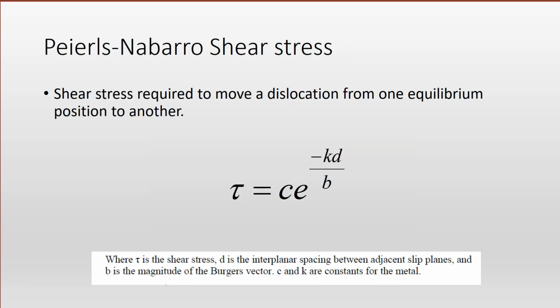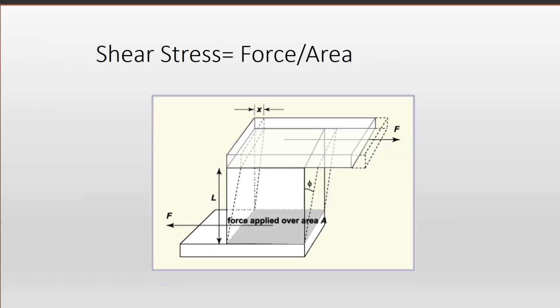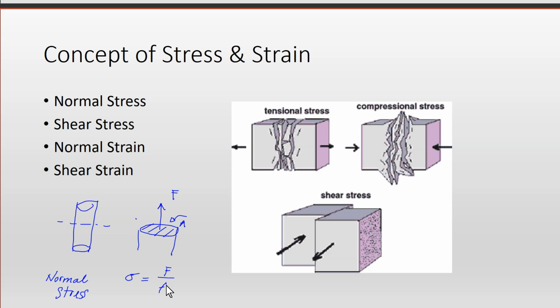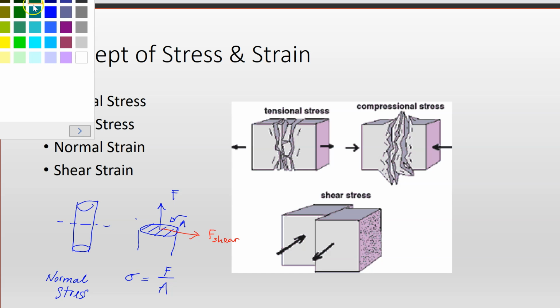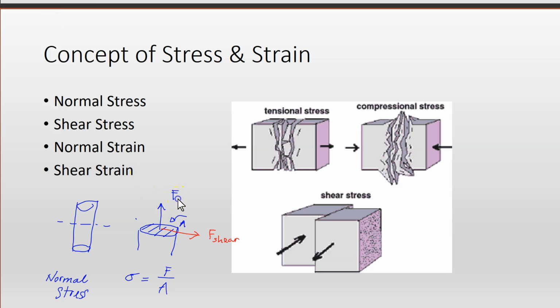Alternate to that is shear stress. With shear stress, let me use a different color, we apply a force that is in a direction within the plane. So that's F shear, and I will distinguish that from F normal.